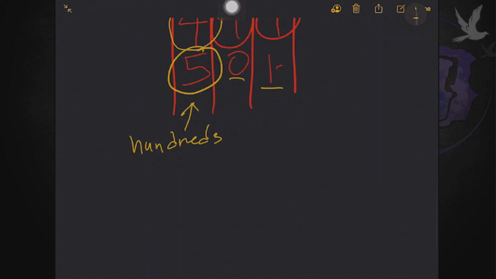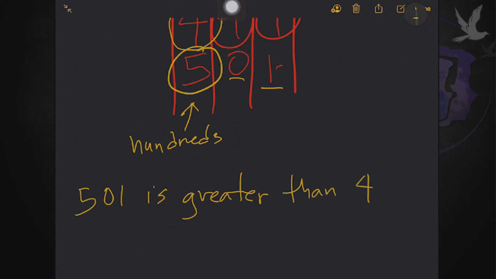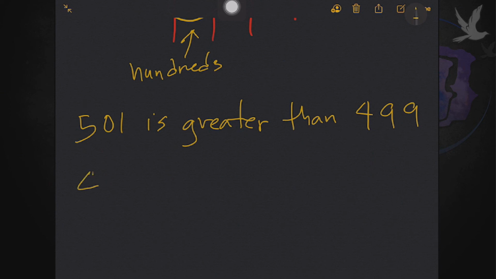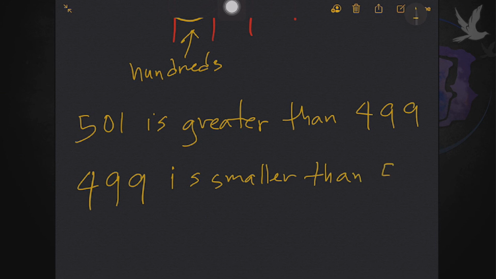So we can now write 501 is greater than 499. While we can also say that 499 is smaller than 501.